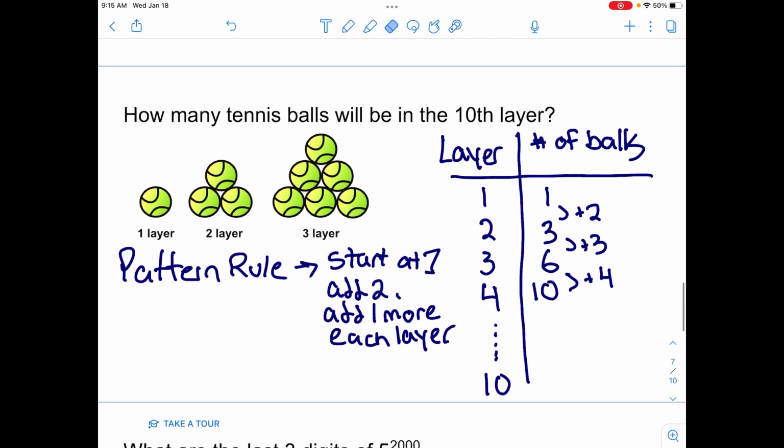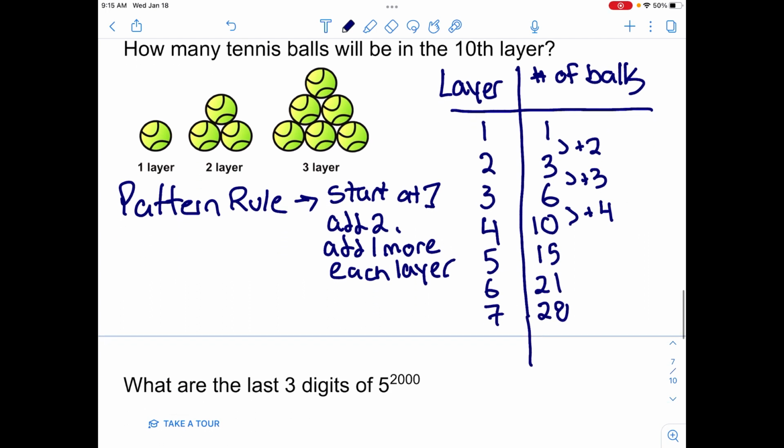We'll see if I can have enough room here to do that. So 5 would then go 15, 6 would be 21, 7 would be 28, 8 would be 36, 9 would be 45, and 10 would be 55.